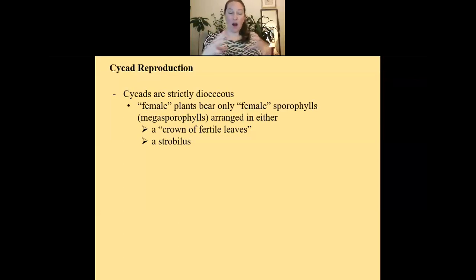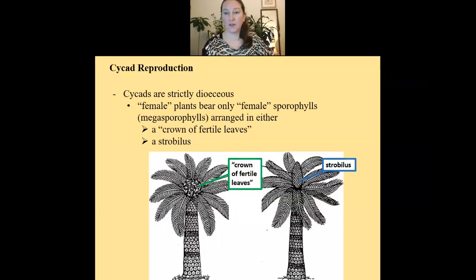Those ovules are located either on a crown of fertile leaves, which we talked about last time, or a strobilus. We won't go through this too slowly because we already went through this last time. This is an example of two female plants from two different species. One has a crown of fertile leaves, and one has a strobilus.